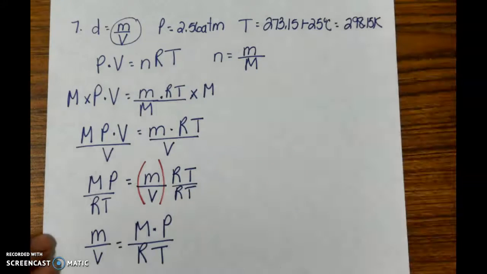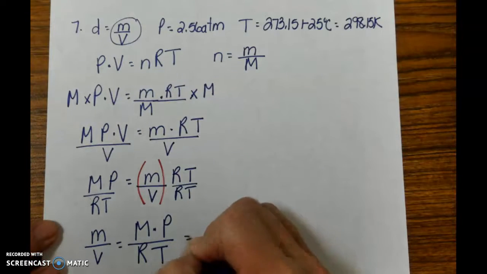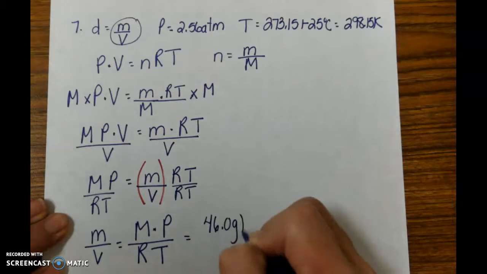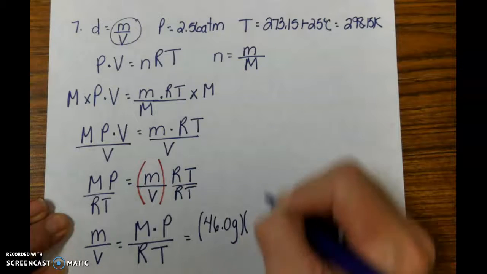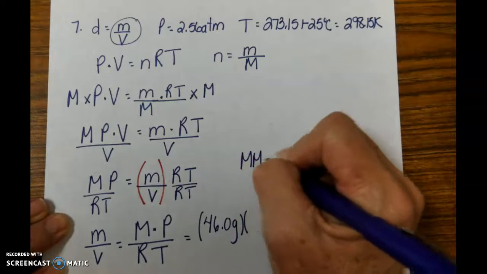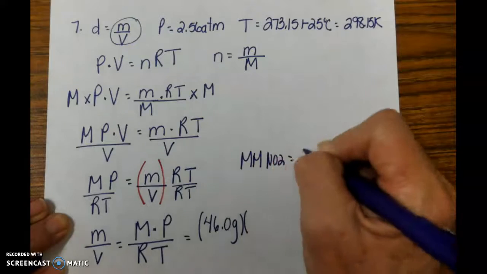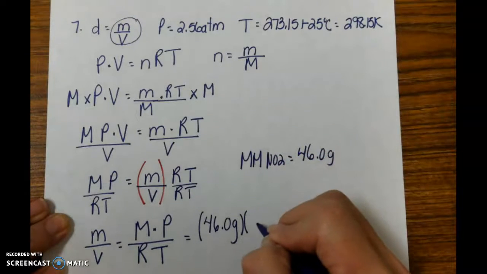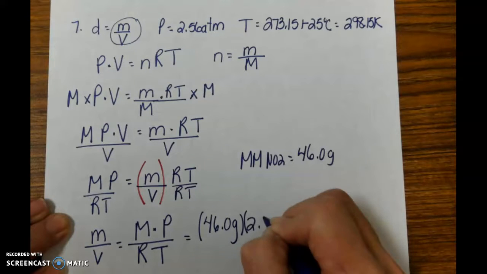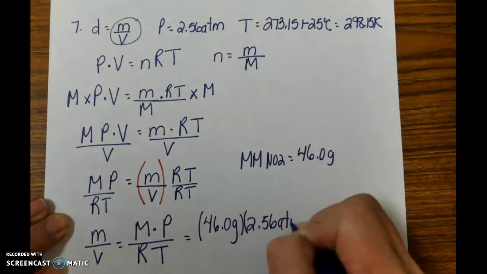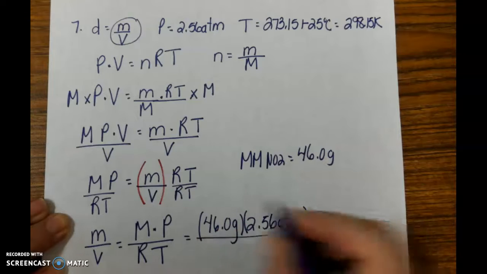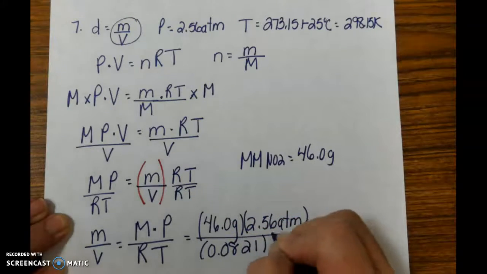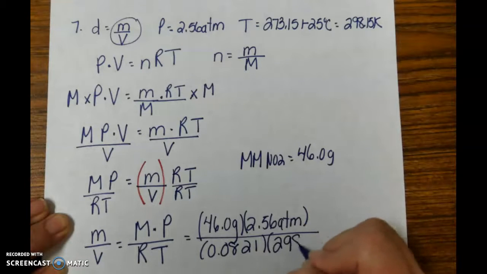So let's put that in. The molar mass of NO2 is 46 grams. So I'm going to put that here. Molar mass of NO2 is 46.0 grams times the pressure, which is 2.56 atmospheres, divided by 0.0821 and divided by 298.